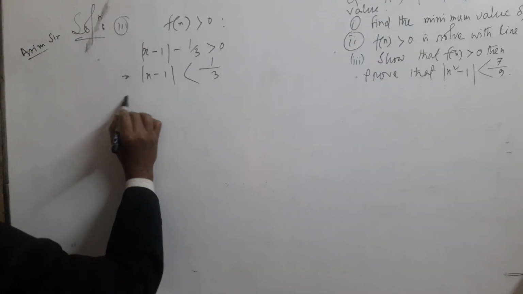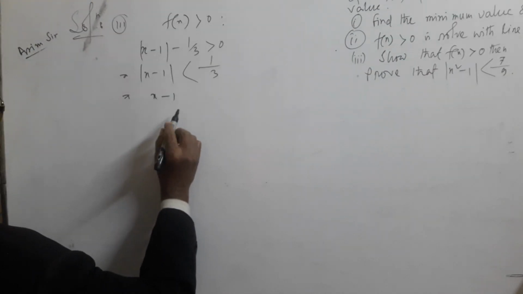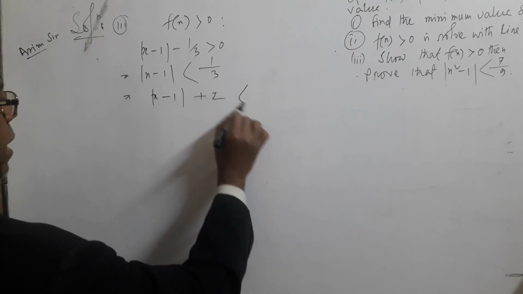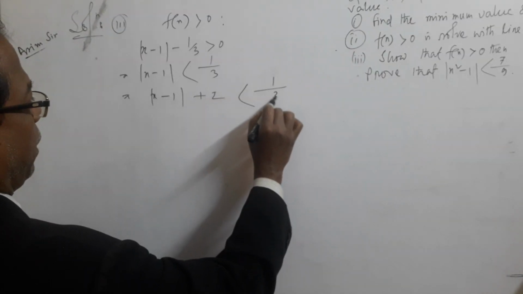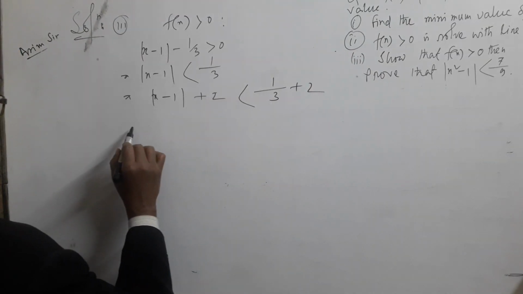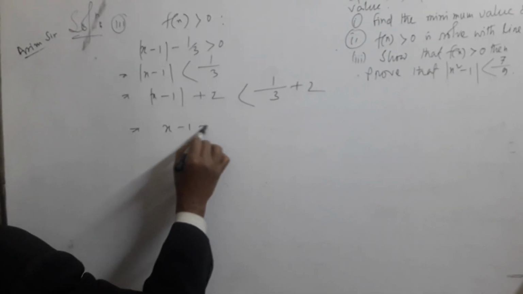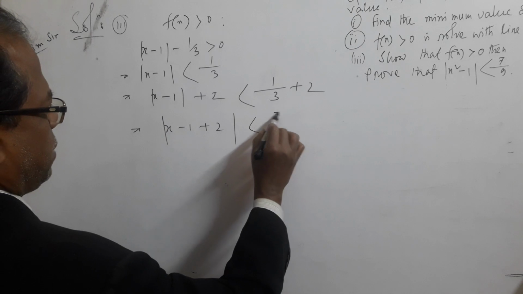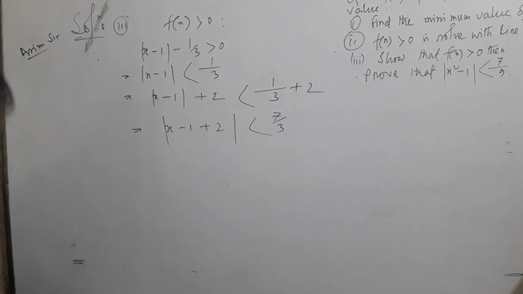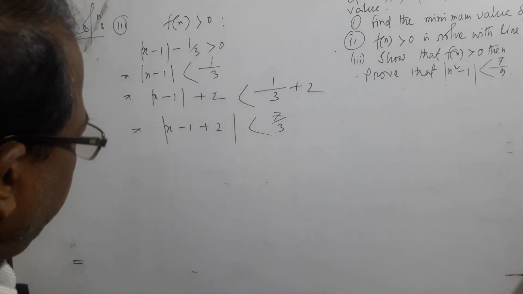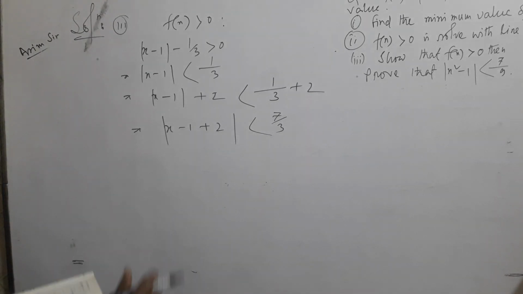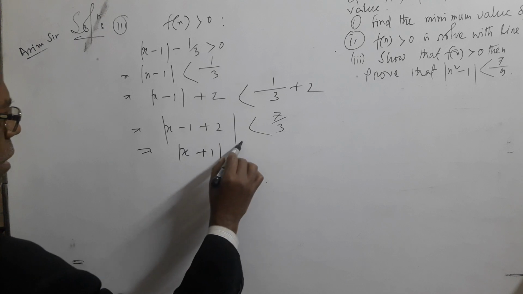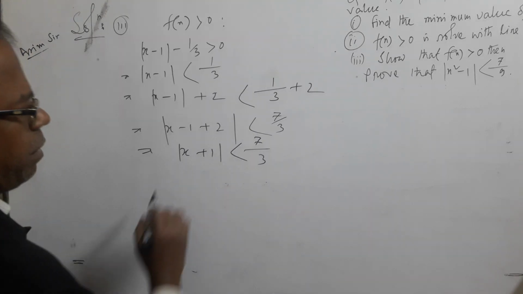That's why modulus x minus 1 plus 2 is less than 1 by 3 plus 2, so modulus x plus 1 is less than 7 divided by 3.